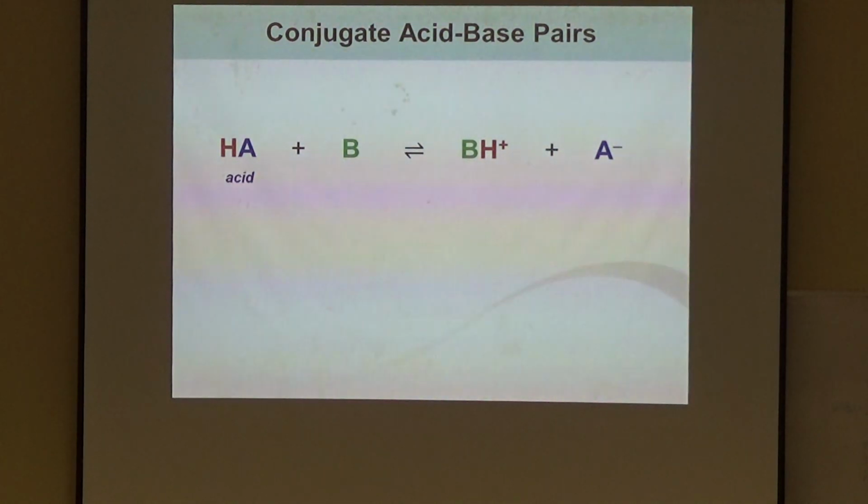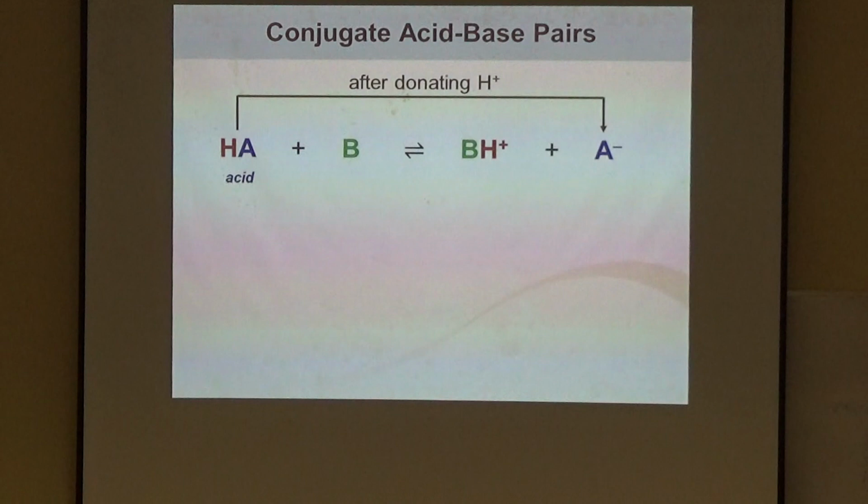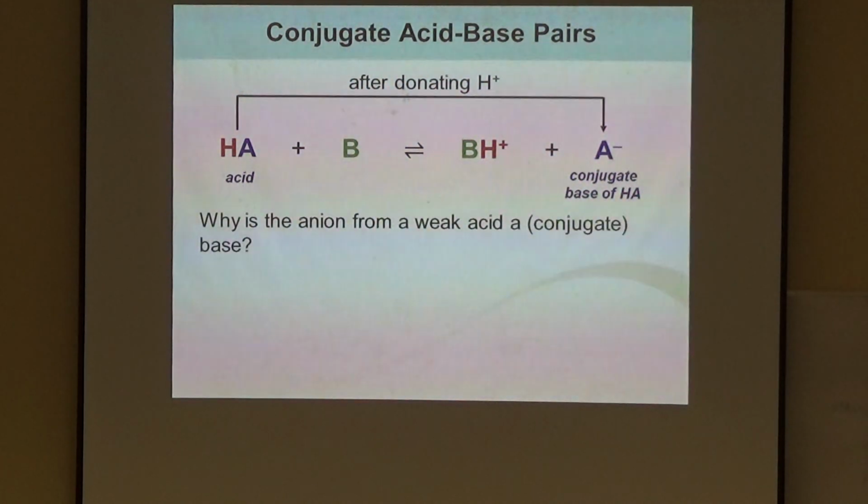Now, if you get something HA, acid, after it donates the H+, you will be left with A-. This A- we will call the conjugate base of HA. Now, why is the anion called a conjugate base?